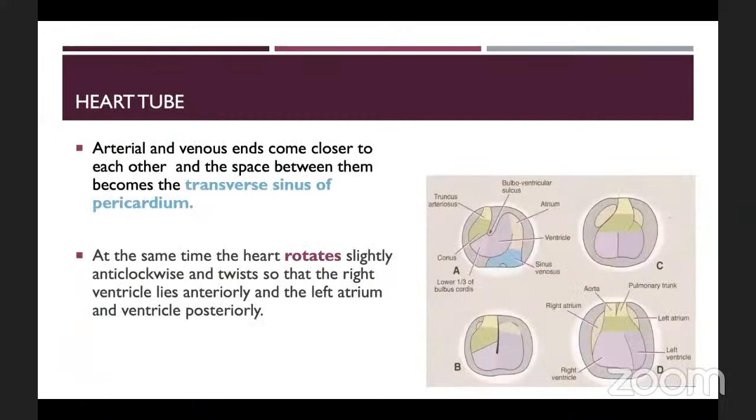Arterial and venous ends come closer to each other, and the space between them becomes the transverse sinus of the pericardium. At the same time, the heart rotates slightly anticlockwise and twists so that the right ventricle lies anteriorly and the left atrium and ventricle posteriorly.